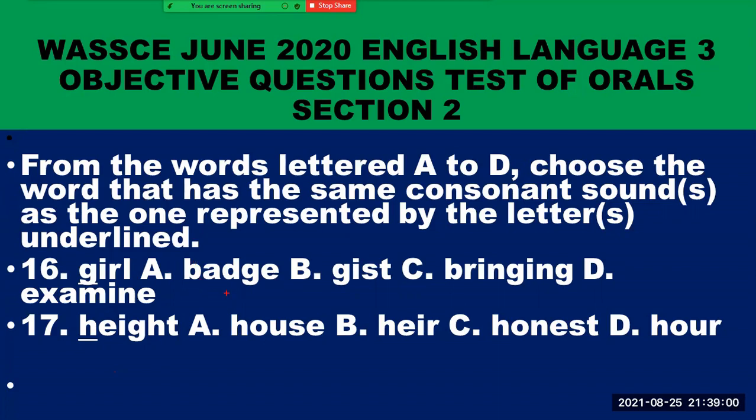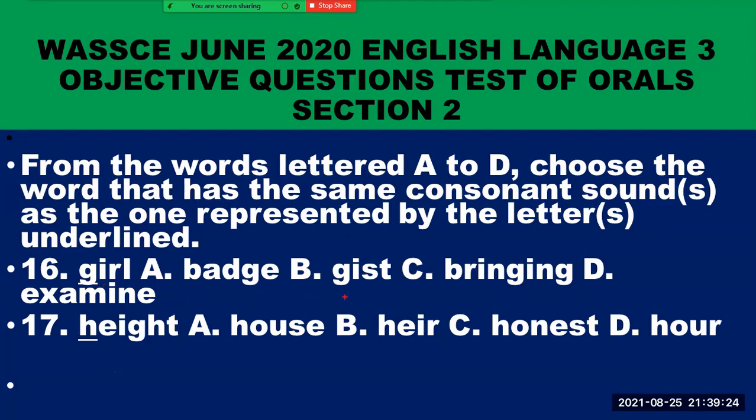Now let's look at the options. Option A is badge. This is the J sound, so it's not the same. Then B is gist, and again it's not the same as girl.